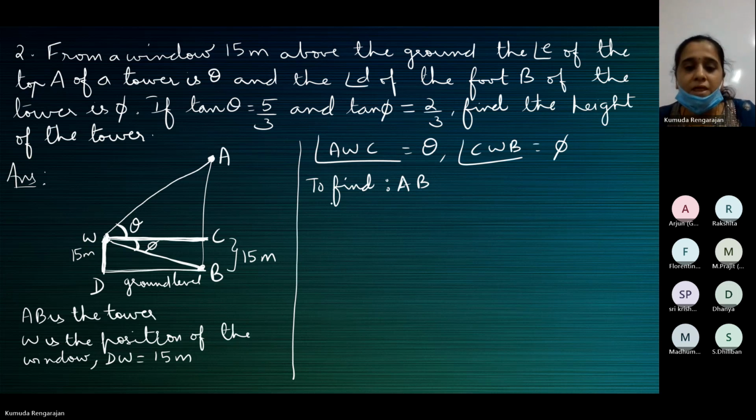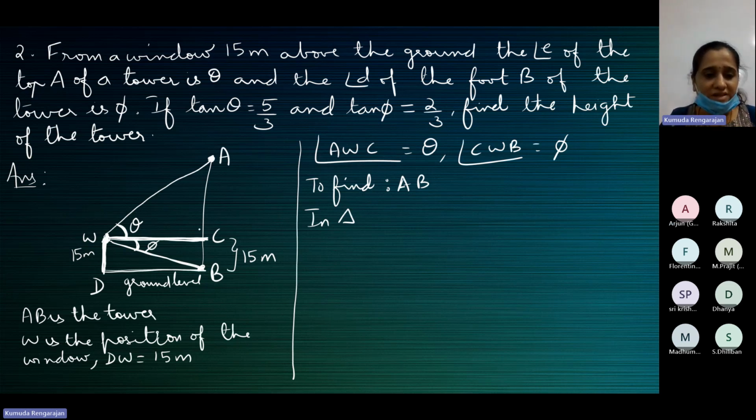In a right triangle, you can use this triangle. What is this one called? BCW or WCB. Can you see phi and 15 meters? We'll select the triangle where we have maximum information, where many things are known to us. There are actually two right triangles here.